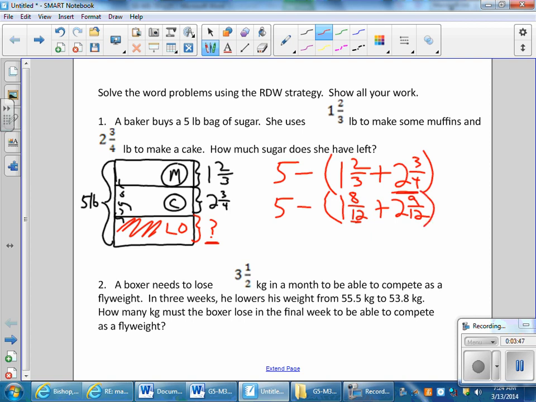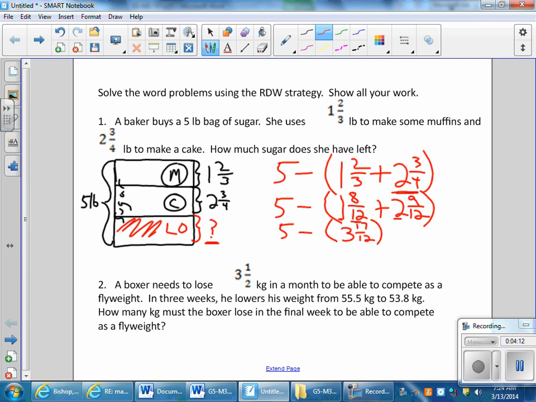Now I have like denominators. I'm going to bring down my 5. I'm going to add my whole numbers. 1 plus 2 is 3. And add my fractions. 8/12 and 9/12 is 17/12.